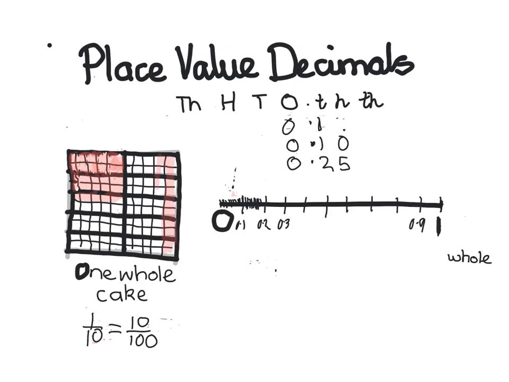That would be 10, 20, and then 5. 1, 2, 3, 4, 5. That would show 25 hundredths, which I would write as a fraction, 25 hundredths, equals 0.25.